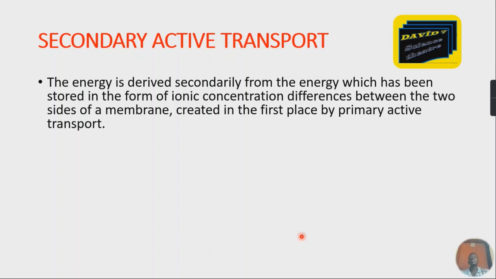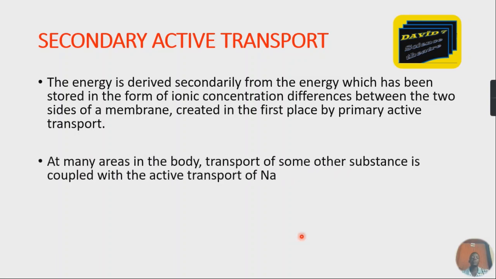So for this transport type to occur, there must first be primary active transport, hydrolysis of ATP, the major point, okay? So ATP is hydrolyzed, the membrane ionic concentration changes, and the ionic concentration differs between ECF and ICF, okay? And this provides energy, which is used to transport the second molecule, okay?